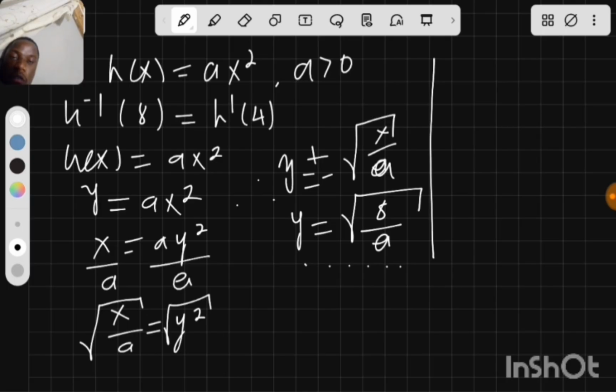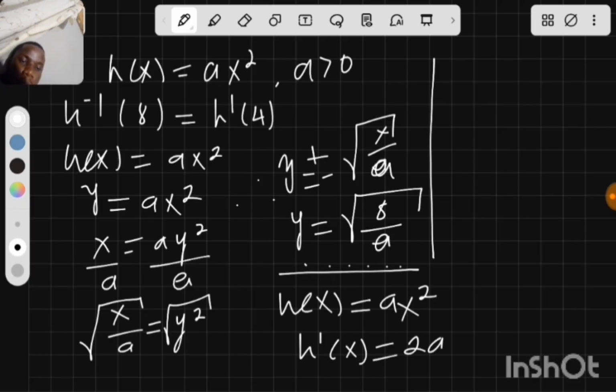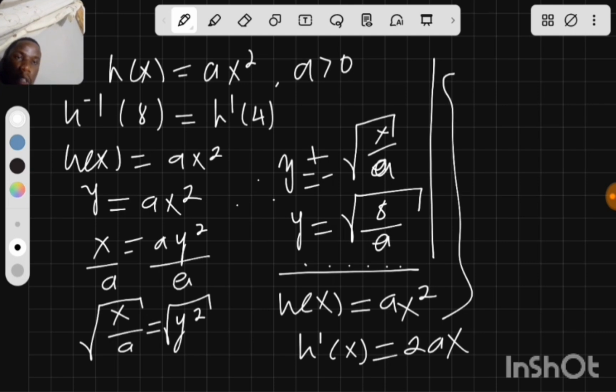Now we are going to look at the derivative. The derivative of h of x, which is ax squared, with respect to x, we're going to have 2ax. But where we see x, we substitute with 4.